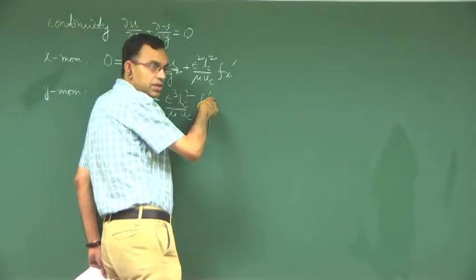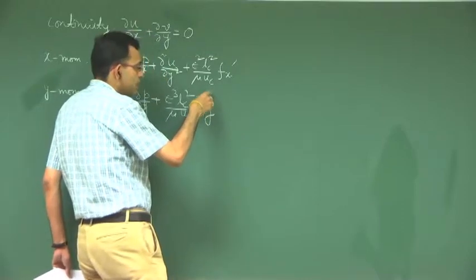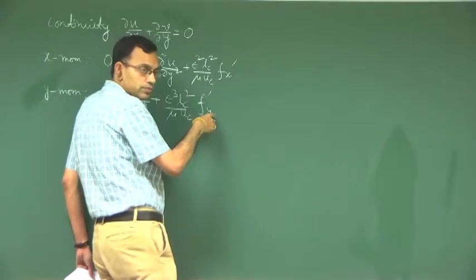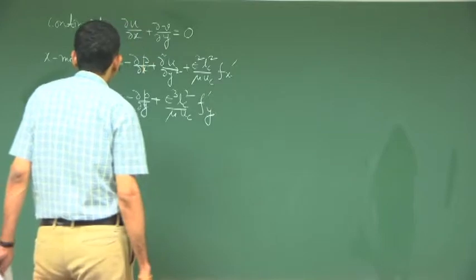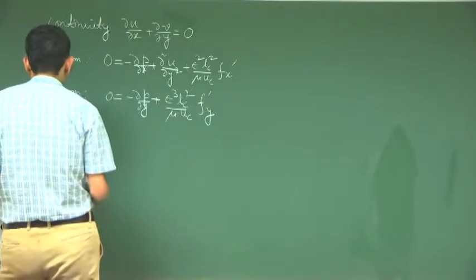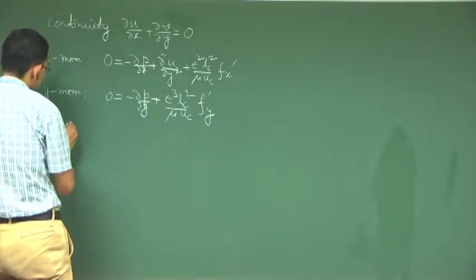Dash means dimensional body forces per unit volume, right. Then we have the boundary conditions.